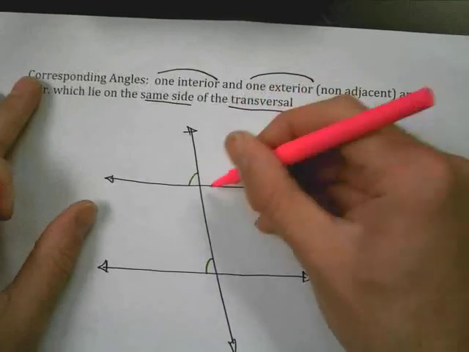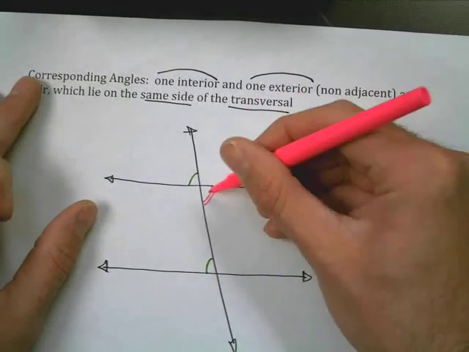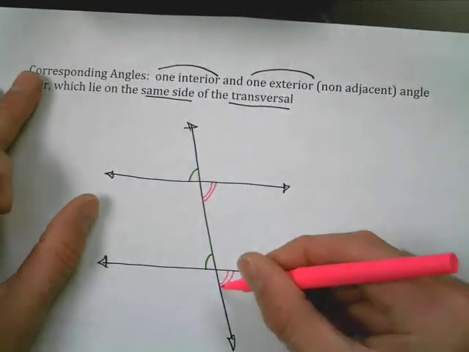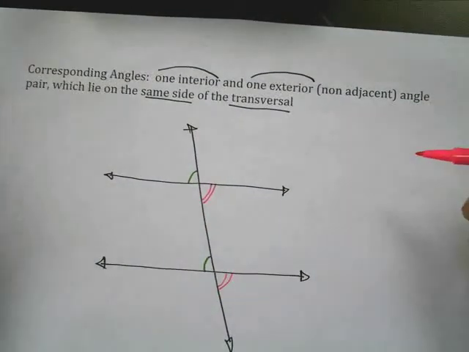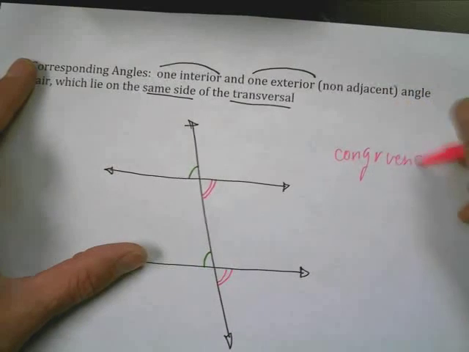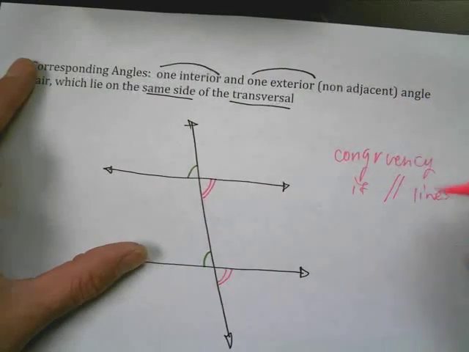So let's start with our interior first, and then we slide down to our other line, and we draw our other corresponding angle. Notice I also did this because their special property is congruent if parallel lines. That's the sign for parallel.